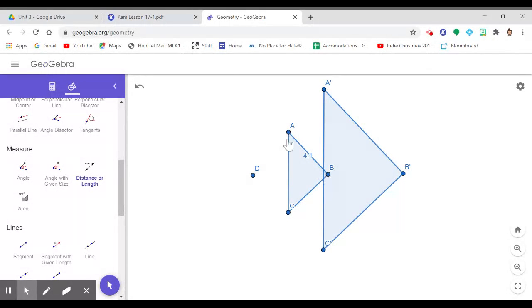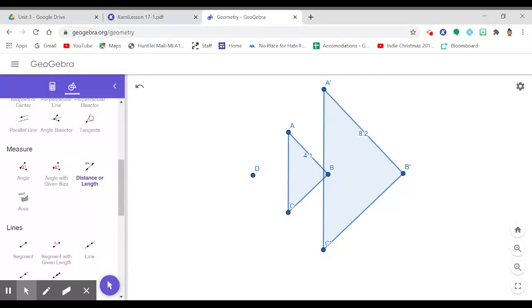So ask yourself, if the length from A to B is 4.1 and the scale factor was 2, what should be the length from A prime to B prime? Well, hopefully double that, right? So let's see. And there we have it. 4.1 times 2 is 8.2. Now, since we have set the scale factor as 2, all of these other segments should obey that same rule.